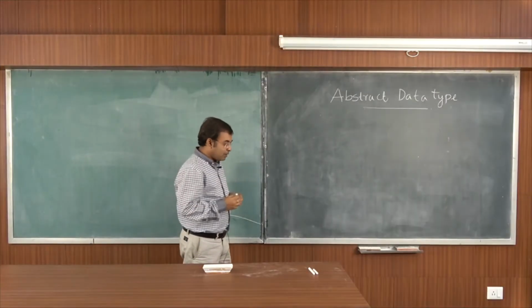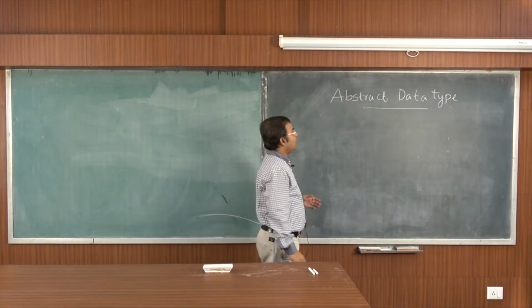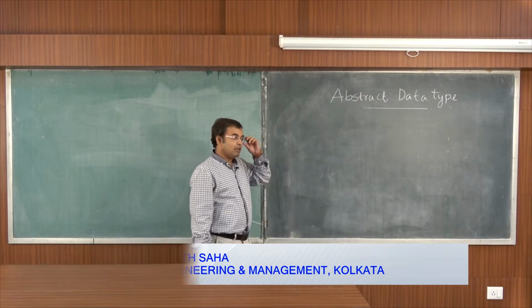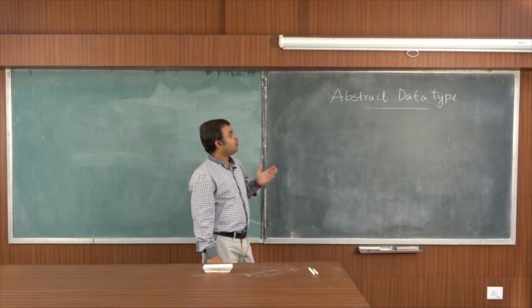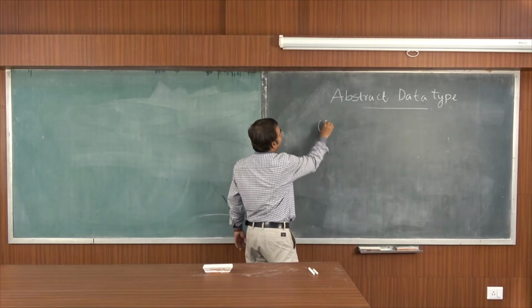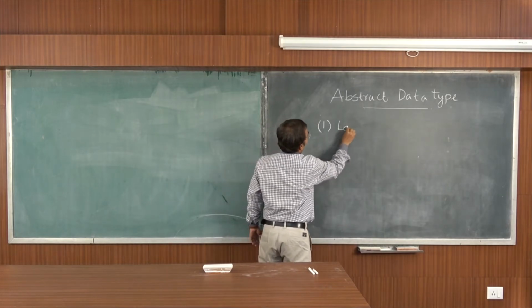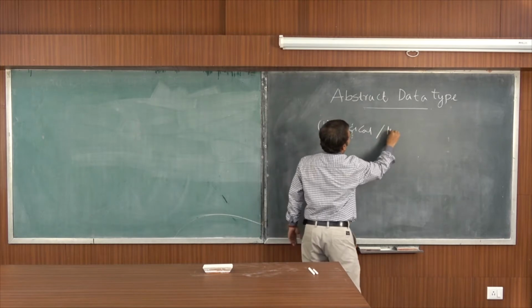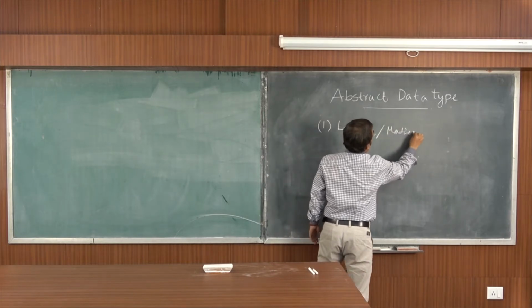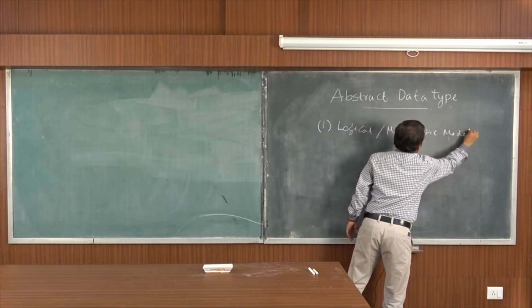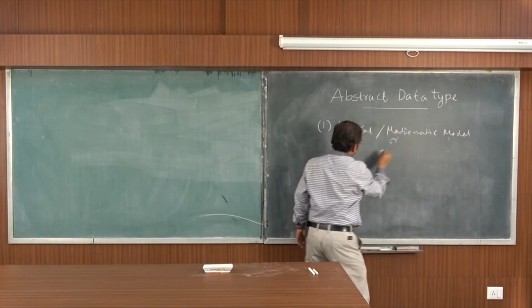In the previous lesson, I discussed the concept of data structures, and also how a data structure can be represented in two ways. One is called the logical or mathematical model, sometimes called an abstract data type.